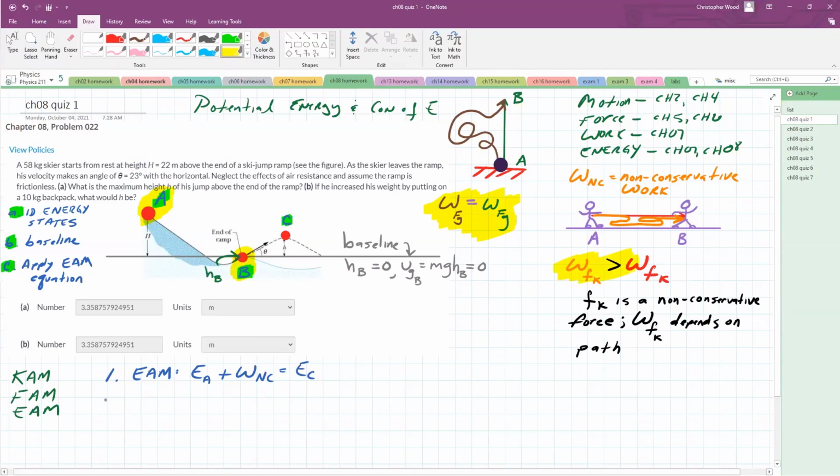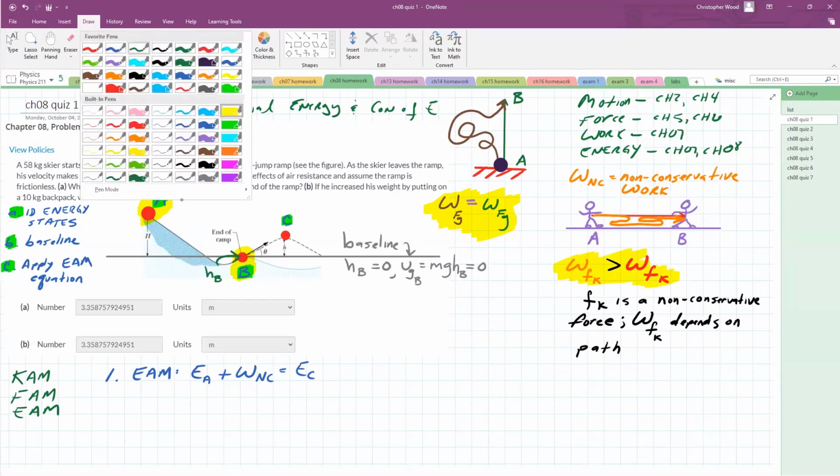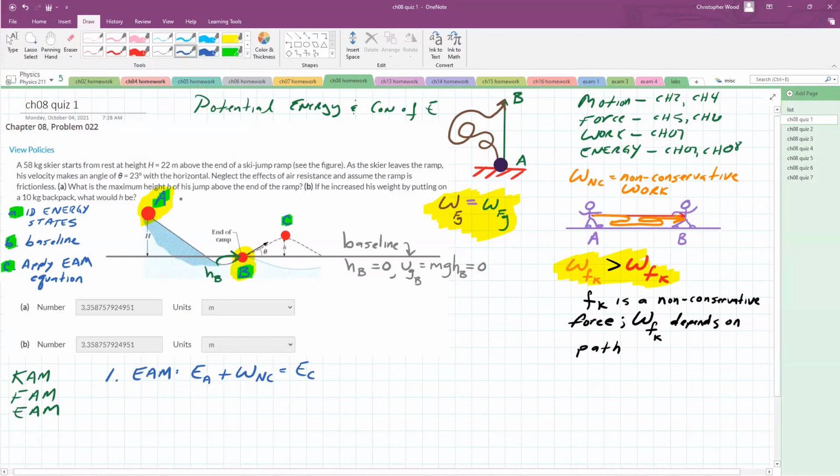Step 2. What kinds of energy does this skier have at point A? Well, the skier could have some kinetic energy. So let's record it. The skier could have some gravitational potential energy. Non-conservative work. And non-conservative work can actually add or subtract.